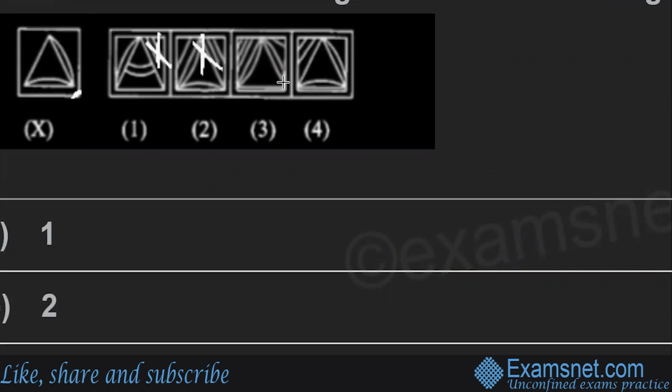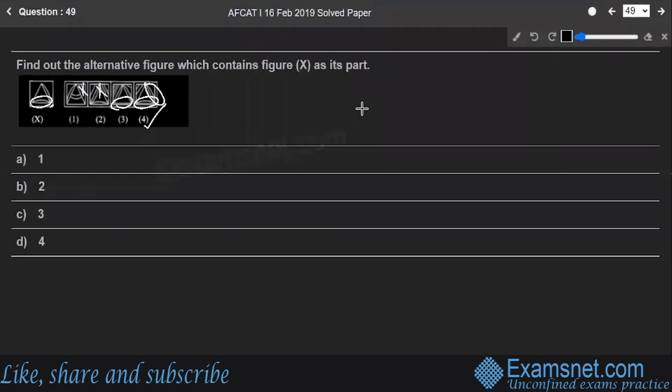This is available over here, this portion, but the downward curved part is not available over here. But the fourth figure has this curved as well as this curved part. That means we have option 4 as our answer. That is option D. Right?